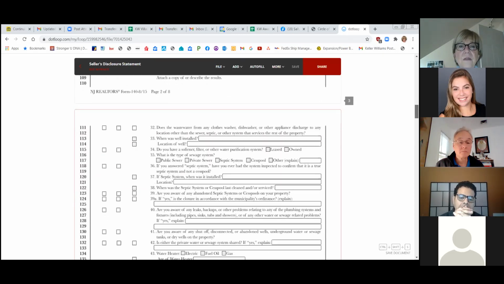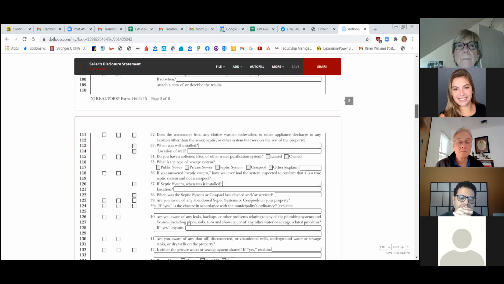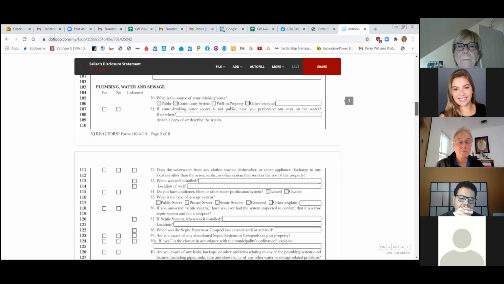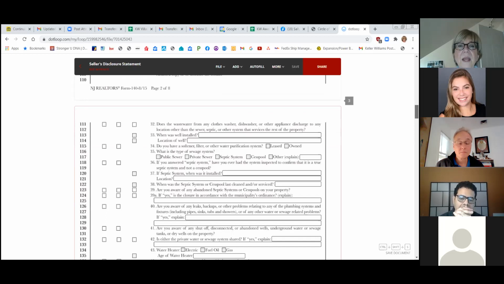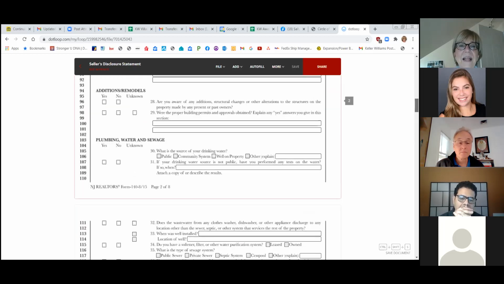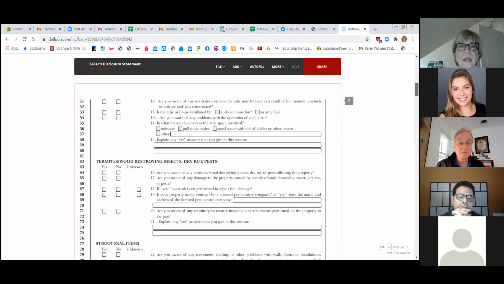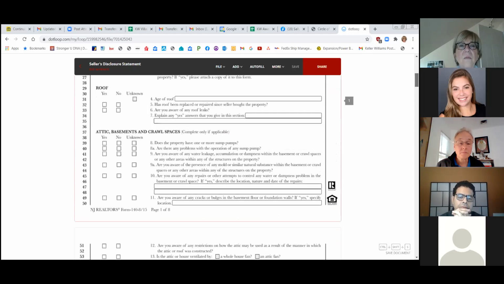Plumbing, water, and sewage. I only know this because when we recently bought a home, we went down and saw this interesting looking thing. Sometimes they will tell you, oh, it's dry, and as a new buyer, you don't know what that means.